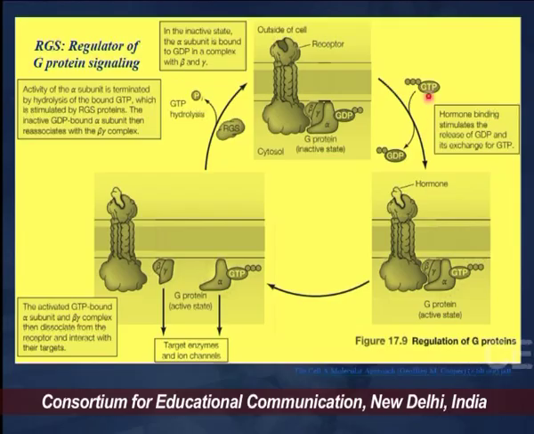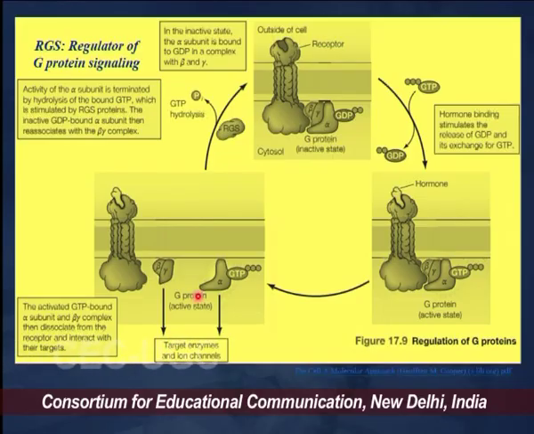Now, whenever the hormone comes and binds, this leads to the transfer of one phosphate, and hence the GDP gets converted into GTP. Whenever GTP is attached to the alpha subunit, it gives a signal that the G protein has to get activated. As I explained in the previous slide, the G alpha subunit got activated, and beta gamma also got activated. Now, they will target their downstream targets.